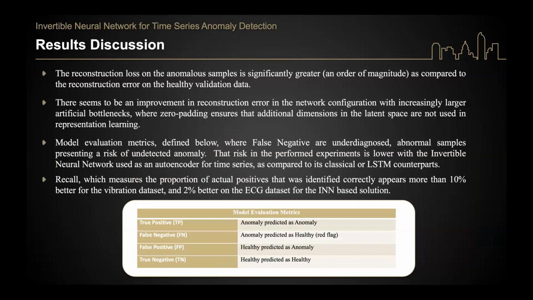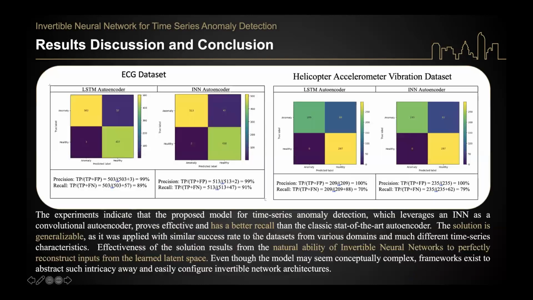So for the discussion of the results, the truth table: true positive, false negative. In these types of applications, it's the false negative that matters, because that is when the anomaly is predicted as healthy behavior. So that's the red flag. What we are focused on is not necessarily accuracy. We really want to focus on recall, because that measure plays a part in recall. Long story short, that's exactly what we accomplished.